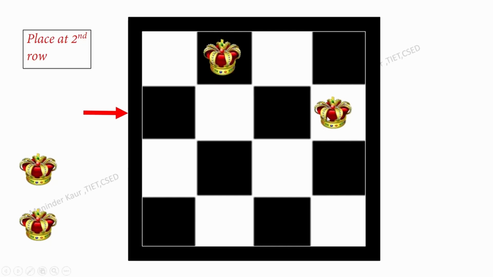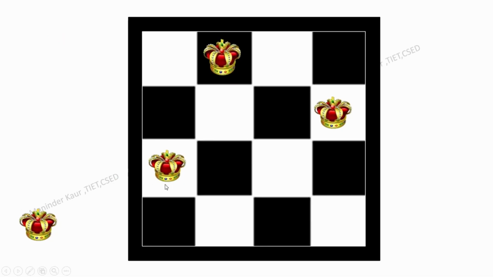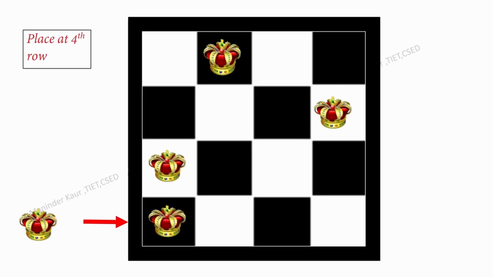Similarly, for the third, placing the queen at the third row, this is the appropriate position because there is no attack either diagonally or horizontally or vertically. Now positioning the fourth queen at the zeroth column will lead to a vertical attack, and there will be a diagonal attack.